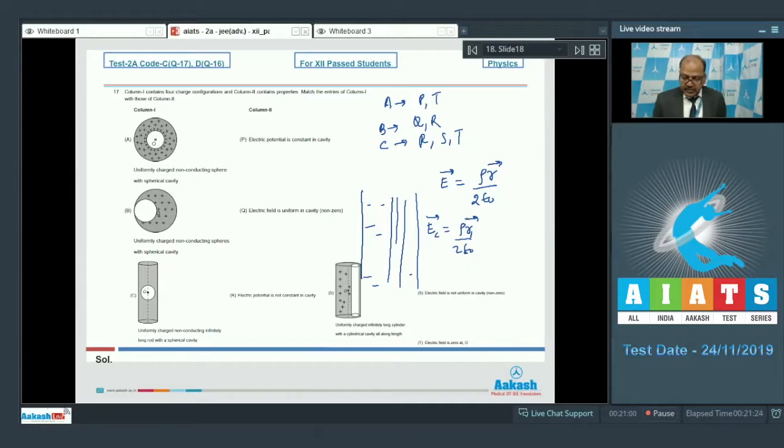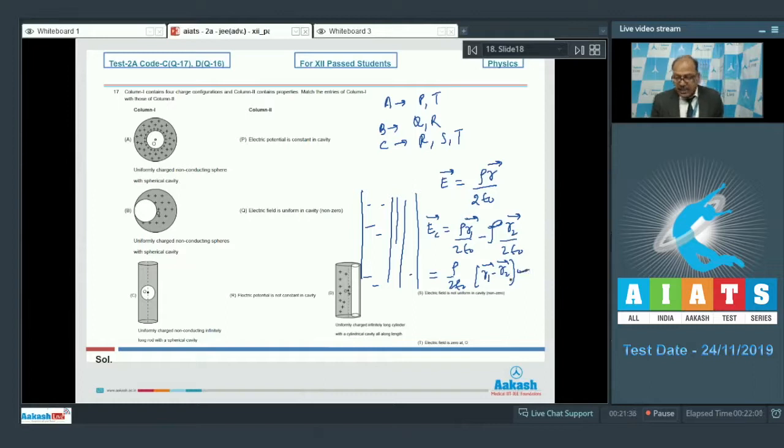R1 vector is the position vector from the axis to that point, and for the cavity it is minus rho, and let's say that vector is R2 vector. Again, R2 vector is the vector drawn from the axis of the cavity to that point, by 2 epsilon naught. Now we can see that it is equal to rho by 2 epsilon naught and R1 vector minus R2 vector.